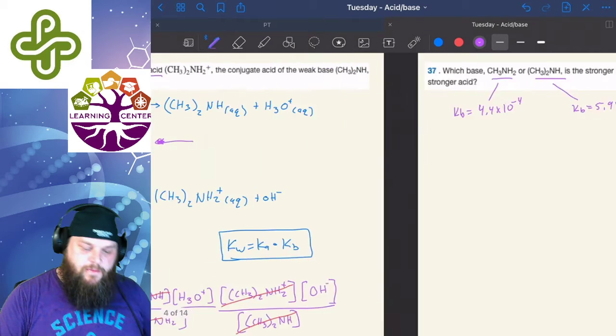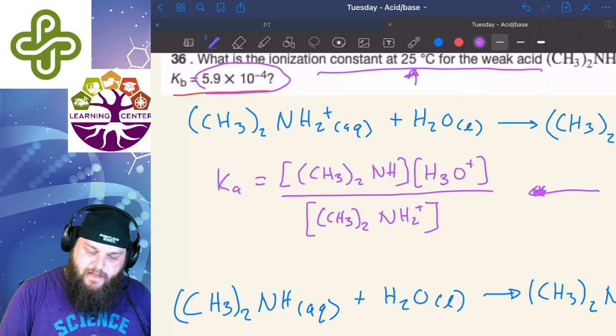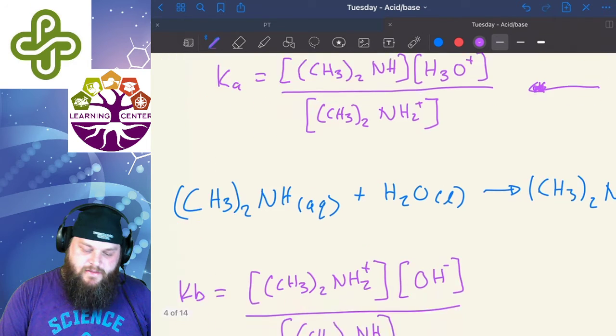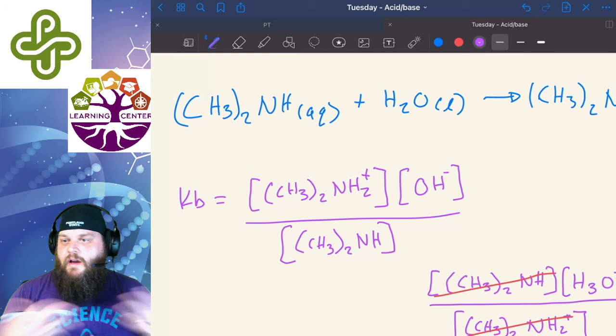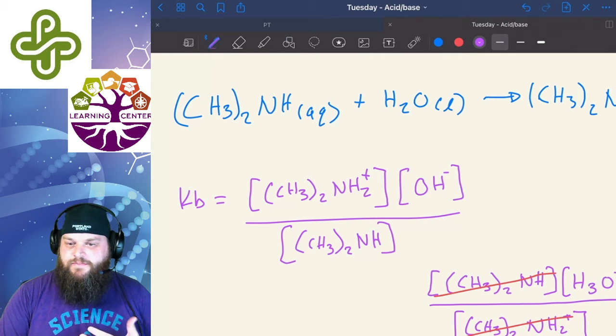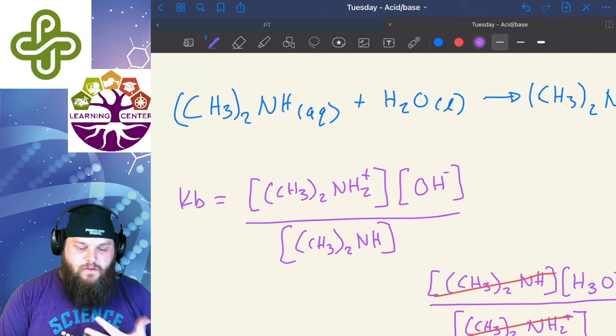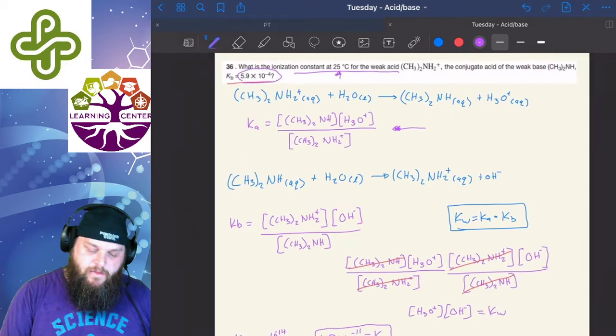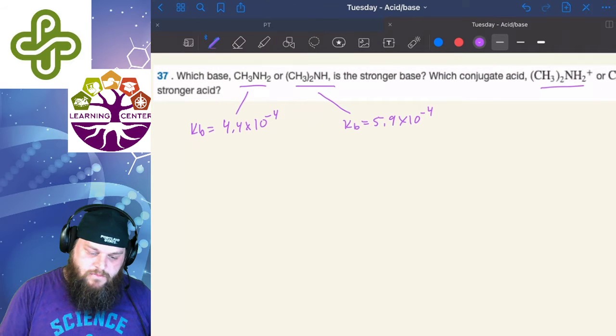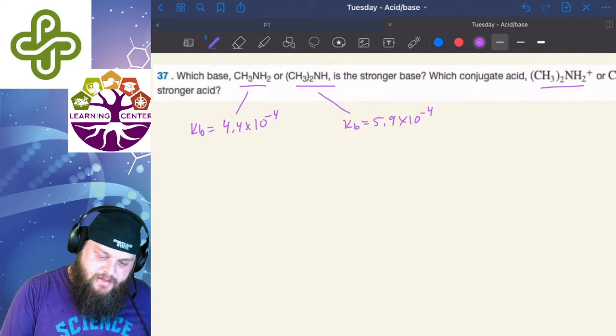Well, just as we said before, go back to my definition of Kb: the stronger base is going to produce more hydroxide in the reaction, right? So the stronger base is going to have the larger Kb value. In this case, this value here is going to be larger than the other, so that's going to be a stronger base.